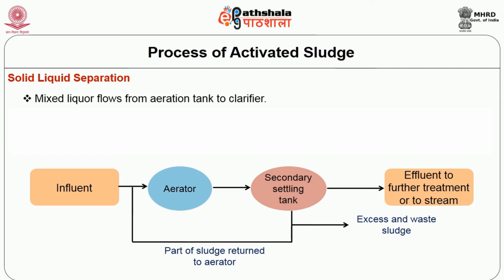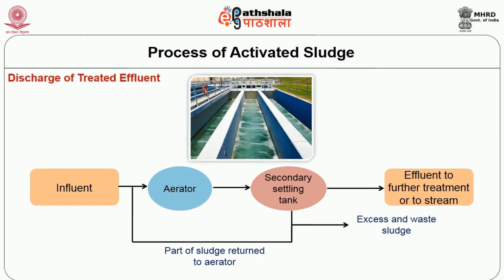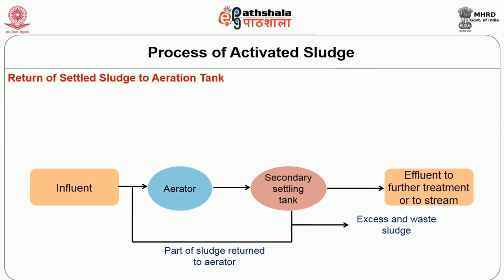In the clarifier, the biomass in the form of flocculant sludge settles down. And the third step is the discharge of treated effluent. The effluent which is treated will be discharged and the sludge will be remaining. Now, the fourth step is the return of settled sludge to the aeration tank.